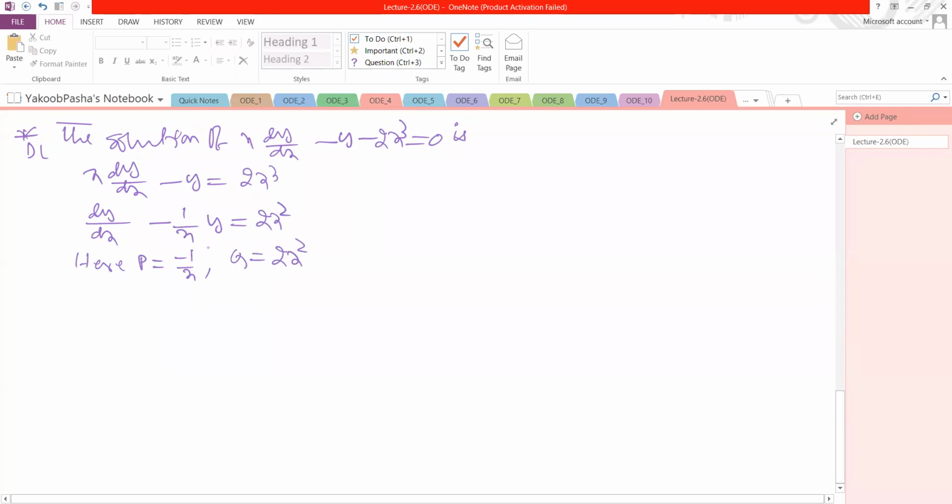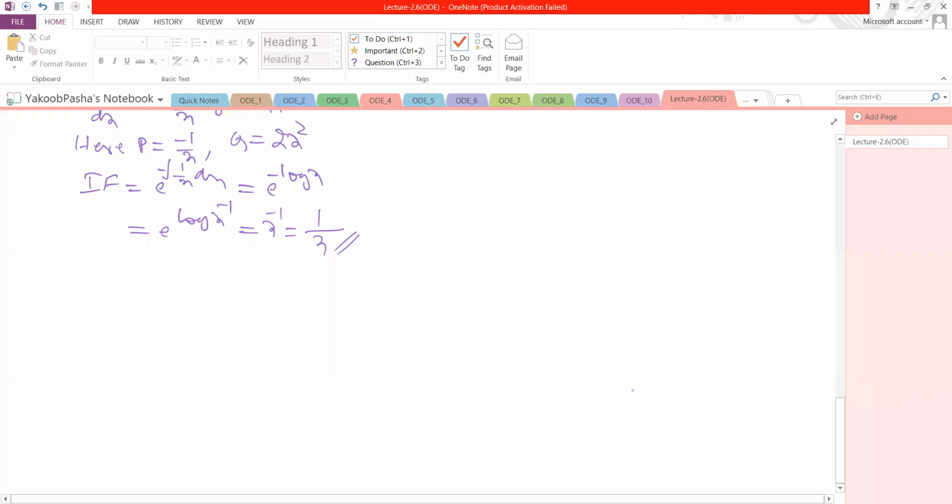Now we can find the integrating factor. IF is equal to e to the power of integral p dx, that is minus 1 by x dx, that is equal to e to the power of minus log x. Now this is nothing but e to the power of log x to the power minus 1, that is x to the power minus 1, that is equal to 1 by x. This is the integrating factor.